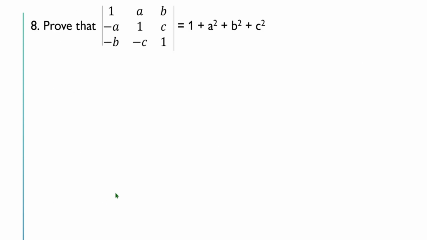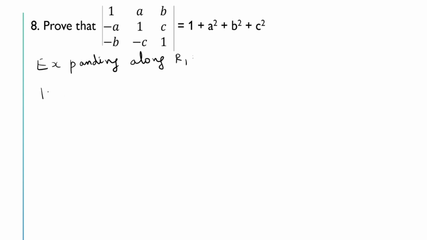The next question: prove that the determinant [1, a, b; minus a, 1, c; minus b, minus c, 1] is equal to 1 plus a square plus b square plus c square. So here also let us expand along the first row, expanding along R1.